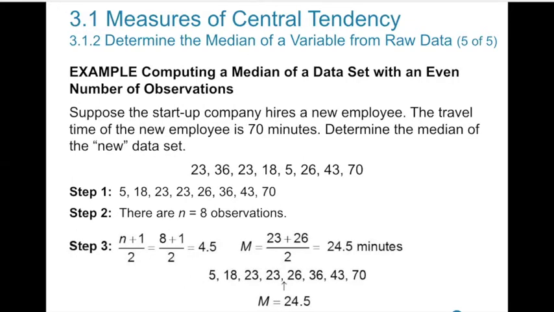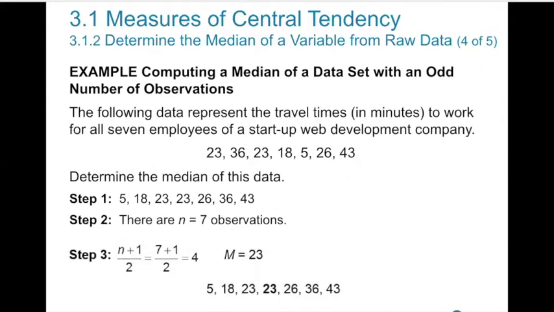So let's say instead we've got 8 pieces of data. In this case, we've added another employee, and now we have their piece of information too. If we want to find the median, just remember that we have to take those 2 middle terms and average them together. So over here we had a median of 23.